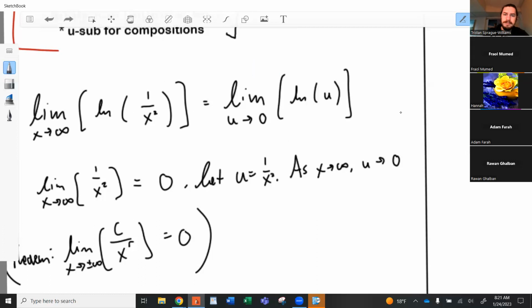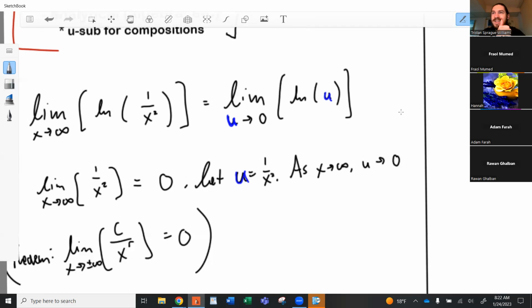Let's do a little highlighting here. If u equals 1 over x squared, then this is a u, and also we're changing the limit so that it's about the variable u instead of being about x. Here's a mnemonic. When doing a change of variable or a u substitution of some kind, you want to forget your x and make it all about u.